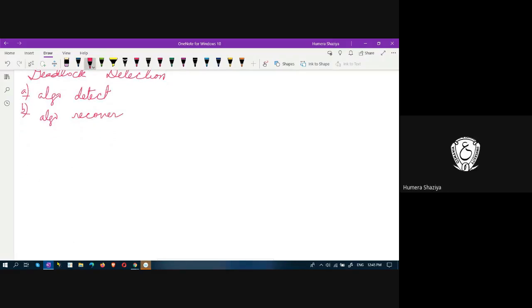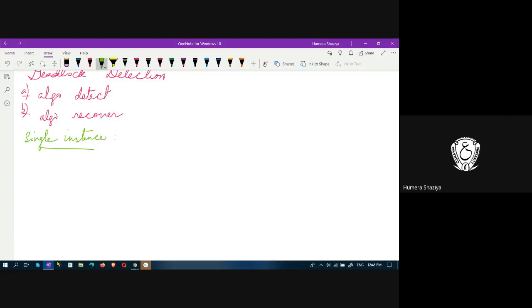Then how to detect? For a single instance of a resource, single instance of resource means every resource has only one instance. The example which we had looked at earlier had multiple instances of each resource.